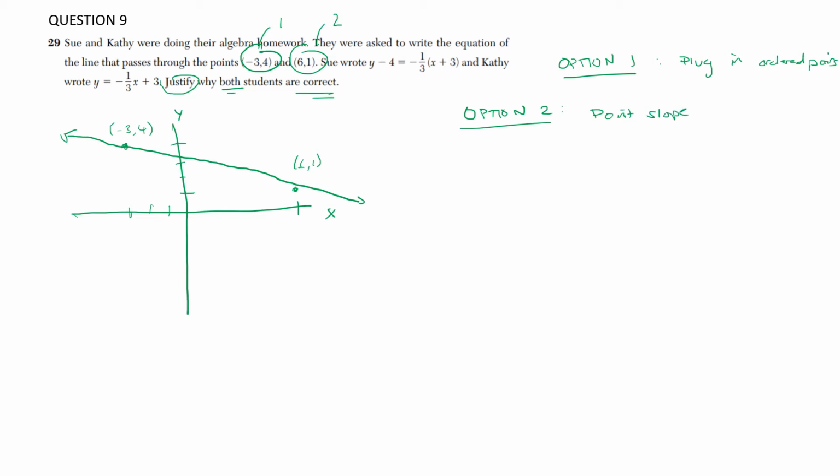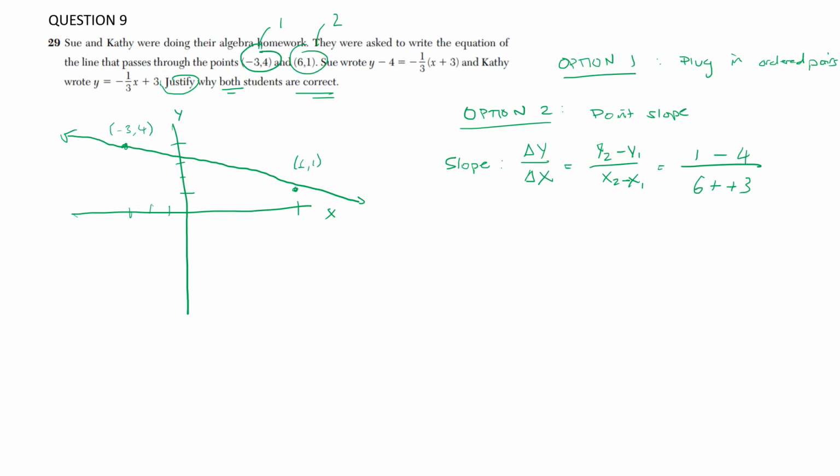Point slope is an equation of a line given a point and given the slope. So we should first find the slope given those 2 points, 1 and 2 that we have. So that's delta y over delta x, or rise over run, which is y2 minus y1 over x2 minus x1. y2 here is 1 minus y1 is 4 over x2 is 6 minus x1 is negative 3.